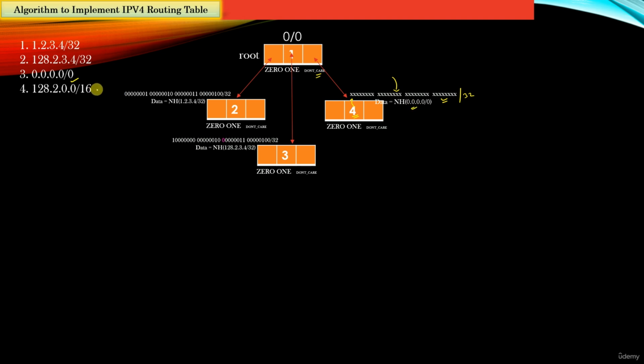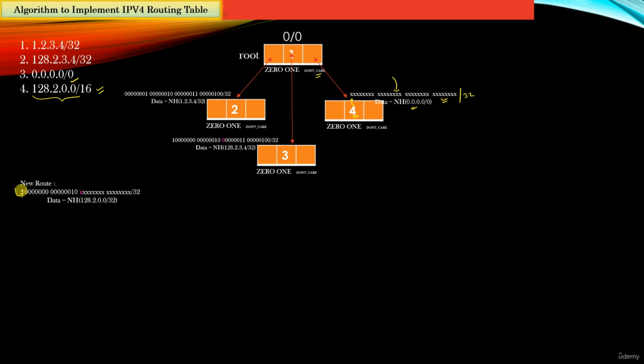Now let us talk about insertion of the route 128.2.0.0/16. Now things become a little bit non-trivial. Let us convert route number 4 into its effective prefix form. You can see this is route number 4, converted into its effective prefix form. Now let us start traversing the tree starting from the root node.